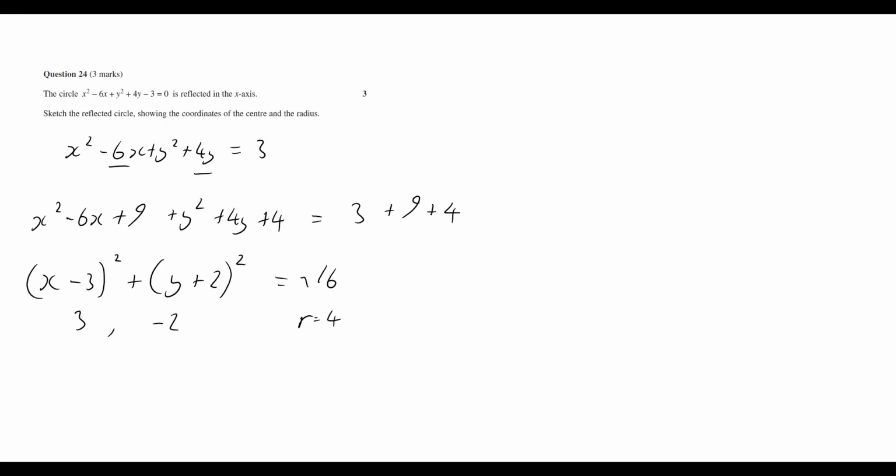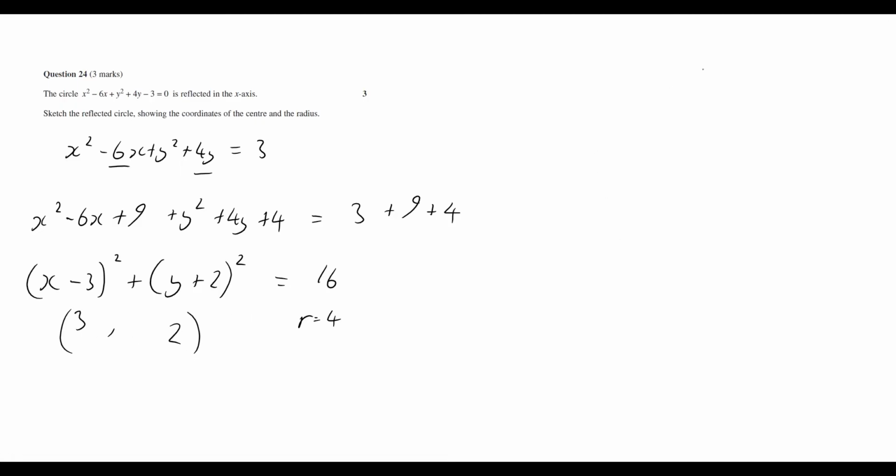So just taking the square root of that gives us our radius. But since we know we're reflecting it in the x-axis, that now means that instead of having a negative y value of negative 2, we'll actually end up with a positive value. So now after reflection, this is going to be our center.